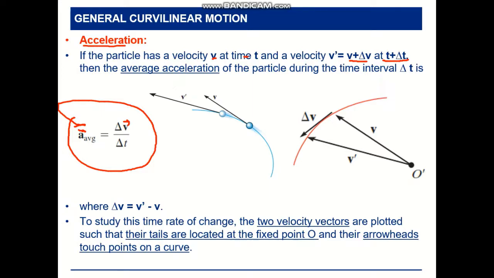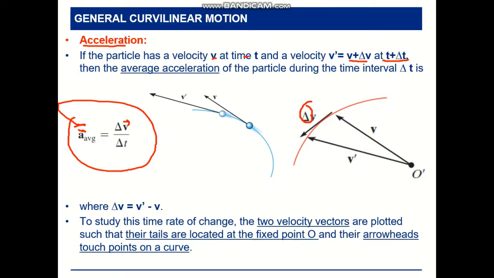We know that delta v is v prime minus v. If we have v at time t and v prime at t plus delta t, then the subtraction of these two quantities gives us delta v, which is the change of velocity.